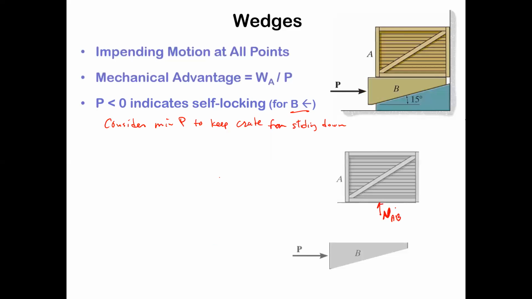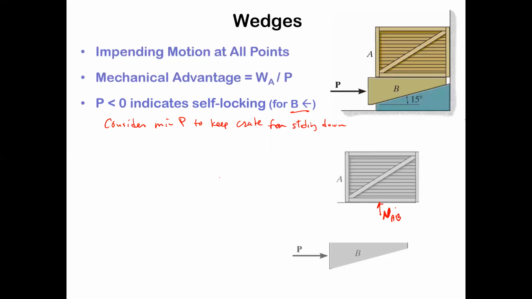In which direction is that going? Opposite of B, opposite of P. It's trying to push back, right, and trying to keep the crate from sliding down. And if the crate did slide down, yeah, friction is helping us, right?